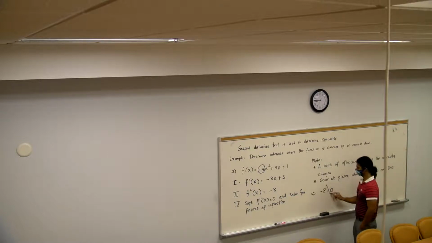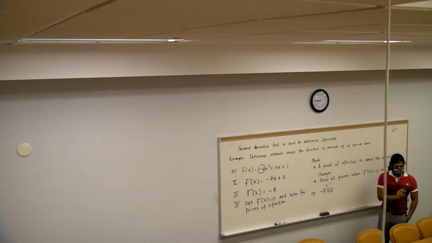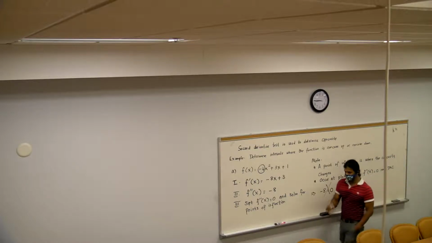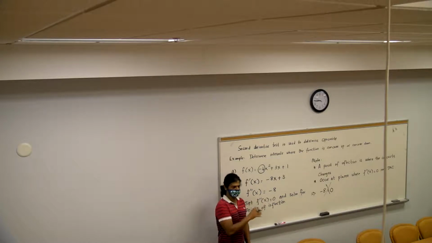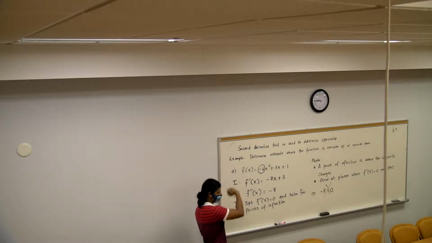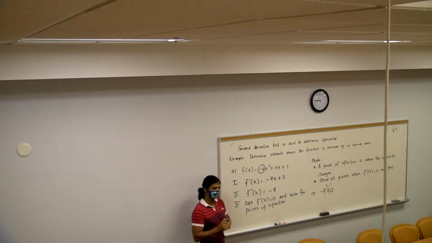No. Did not work. That should sort of tell us that there is no point of inflection. In other words, the concavity doesn't change, but that does not imply that the concavity does not exist. Clearly, it is concave down. All we are saying is that it is not going to change from down to up or up to down.